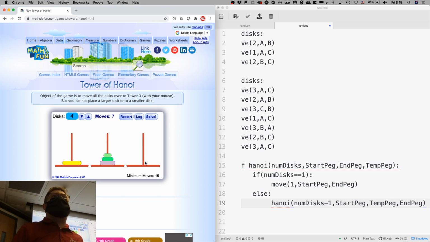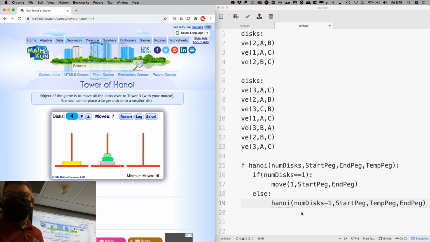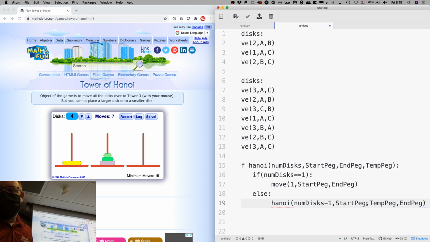I was actually using peg C for most of that, not B. Maybe the better way to put it is, where do I want those 3 disks to end up when I'm finished with that step? I want them to end up not at the ending peg, because I want the ending peg to be free to then move the big disk.